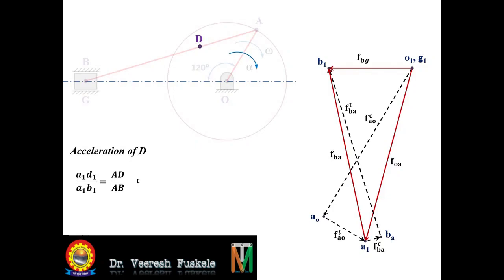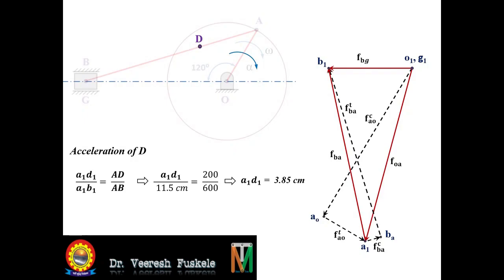A1B1 can be measured from the acceleration diagram, and it is measured as 11.5 centimeter. Length AD is 200 mm, length AB is 600 mm. This gives us A1D1 as 3.85 centimeter nearly.